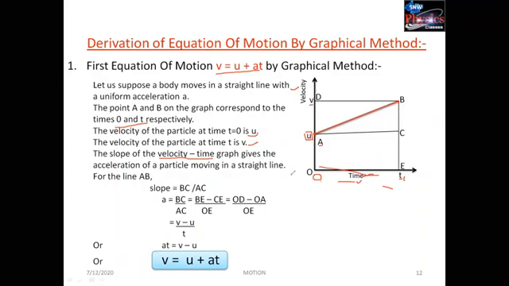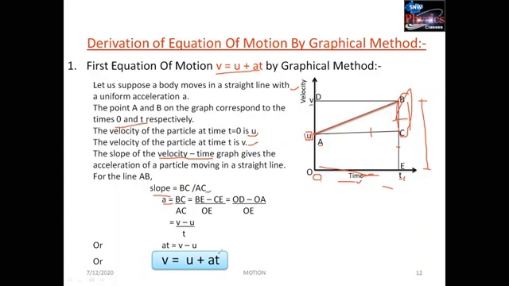Slope से हम लोगों को क्या पता चलता है? The acceleration of the body. So slope is equal to BC by AC. To find out the value, we find the slope, and the slope is equal to BC by AC. So slope means acceleration. Slope का मतलब होता है acceleration. So acceleration is equal to BC by AC. Now BC, we can write BC as BE minus CE. अगर हम B में से CE को सब्ट्रैक्ट कर दें, then we will find this value. ठीक है, ये हम लोगों को मिल जाएगा.